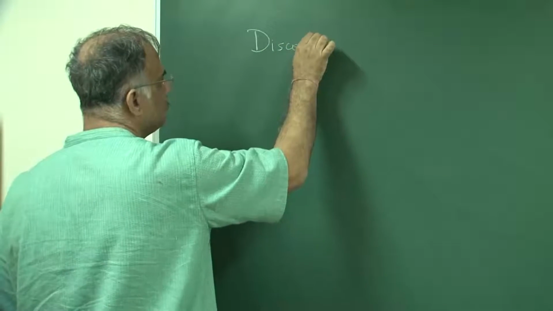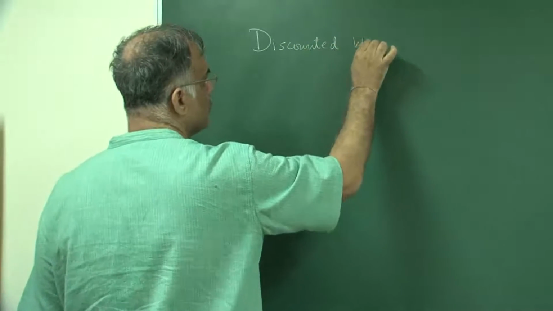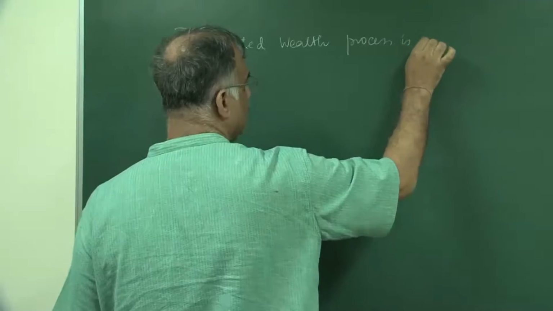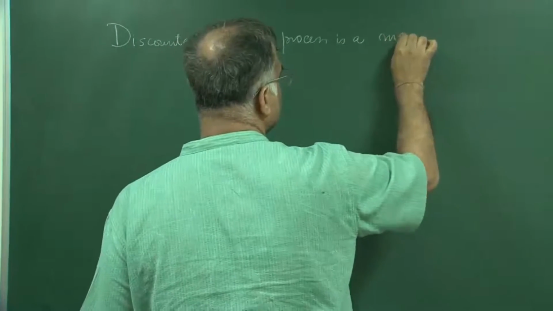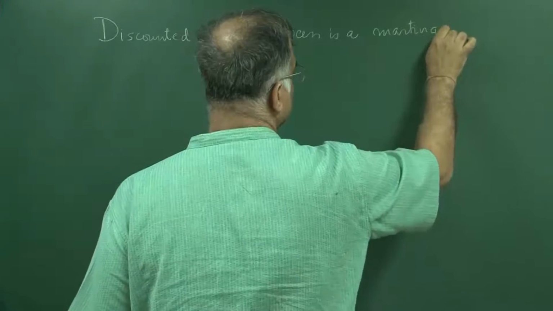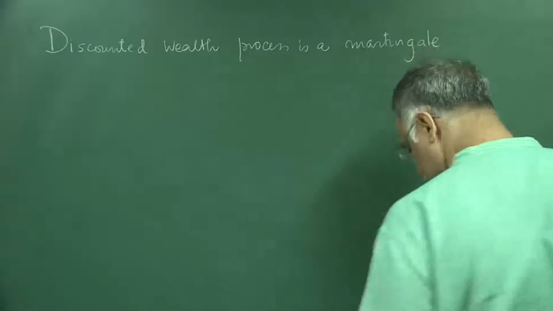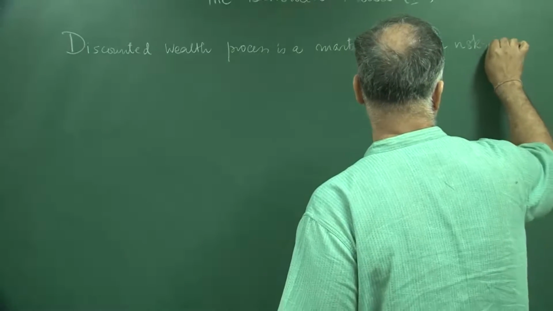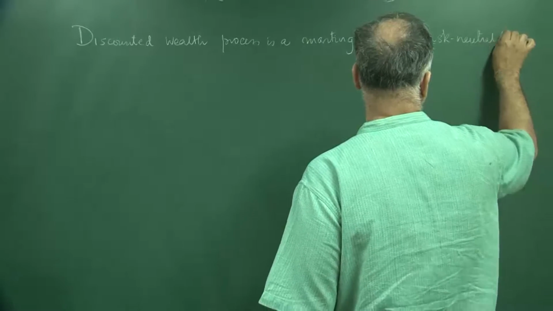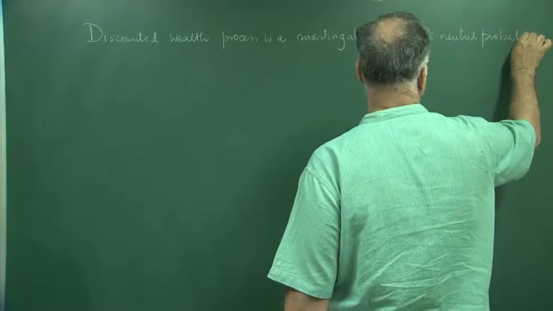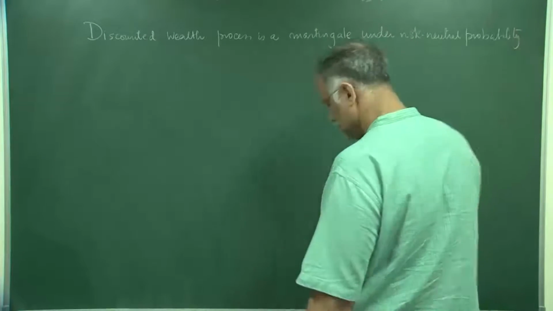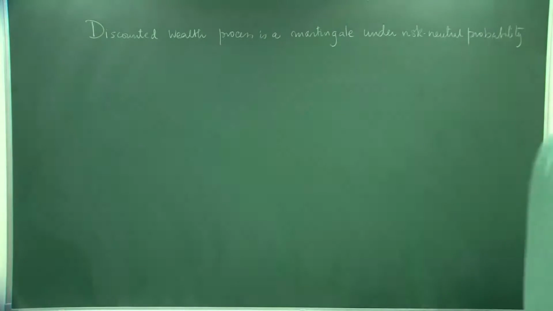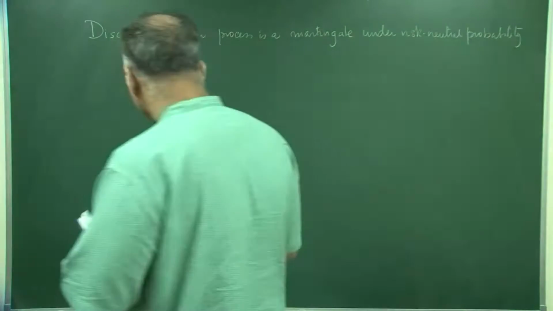Discounted wealth process is a martingale under risk neutral probability. So, what we have to show?